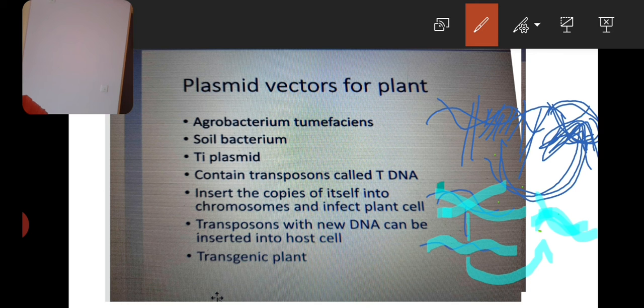That is, DNA synthesizes messenger RNA by the process of transcription, and then messenger RNA again produces the DNA by the reverse transcriptase enzyme.